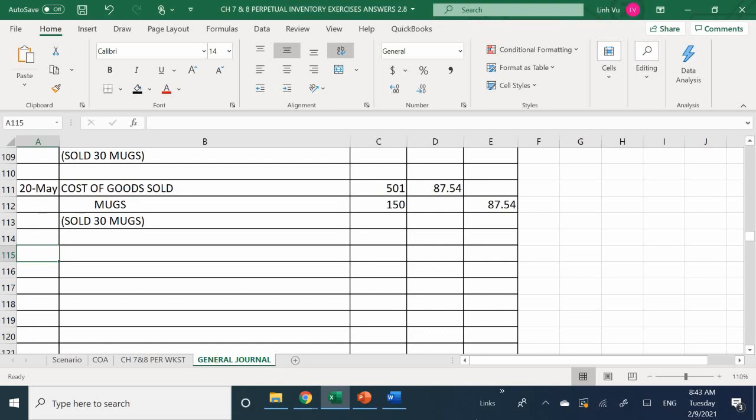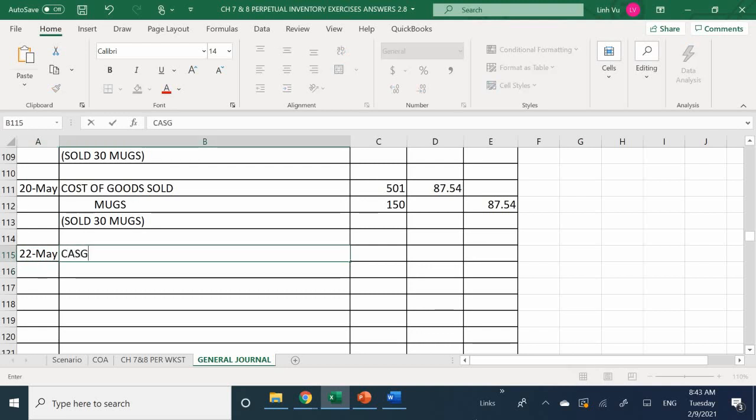He's reducing what he owes me. So I have to decrease it with the credit. So May 22nd. So yes, I'm going to be debiting cash because that's what he paid me in. And I'm going to decrease the amount that he owes me.